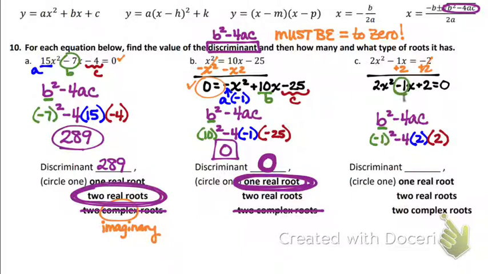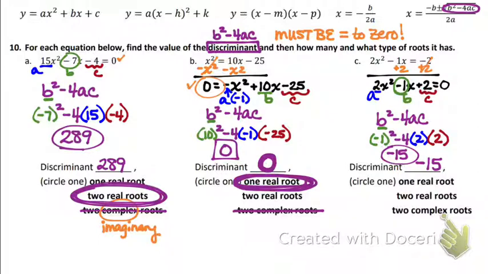So here's b, here's a, here's c. What do you get when you pop that all into your calculator? Negative 15. Where does the discriminant go again?